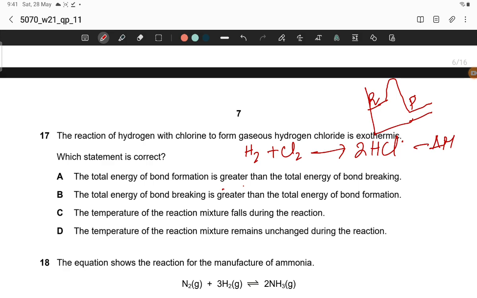Yes, the total energy of bond formation is greater than the total energy of bond breaking. The total energy of bond breaking is greater than the total energy of bond formation. The temperature of the reaction mixture falls during the reaction.